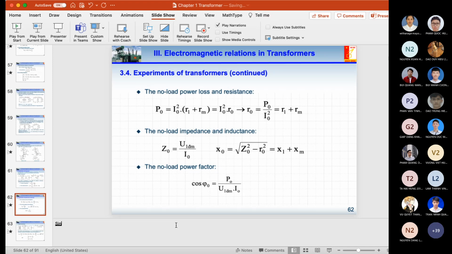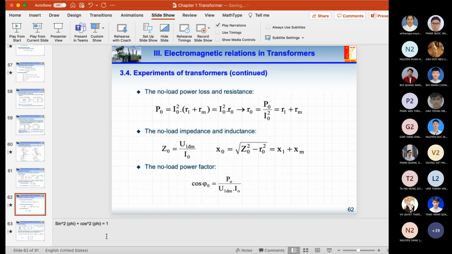Maybe here I need to write it like this, it is better for you to understand. Mathematically, we can do it like this. And when cos phi is low, it means that sin phi is high.